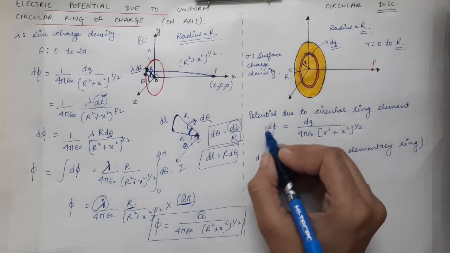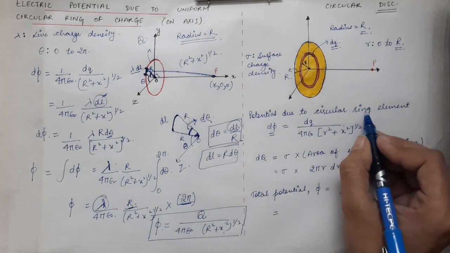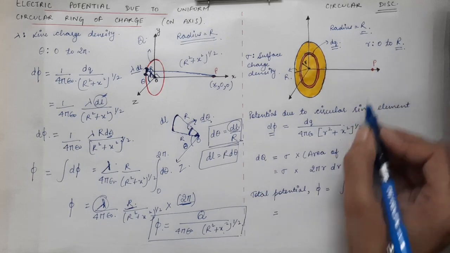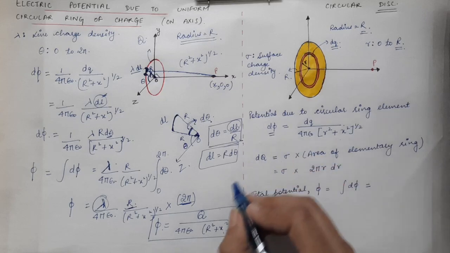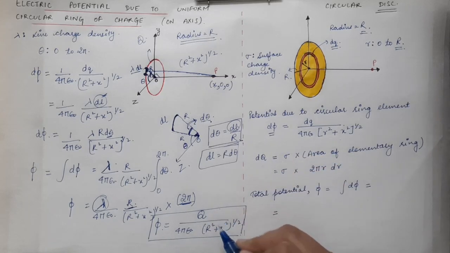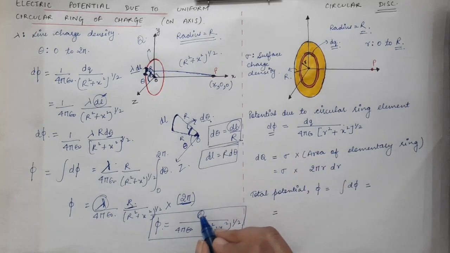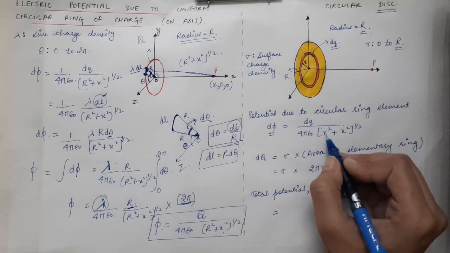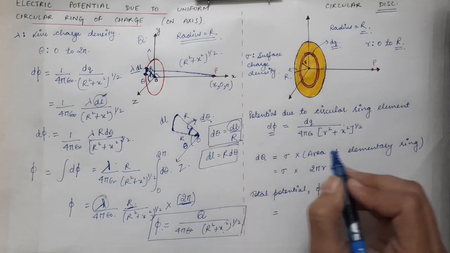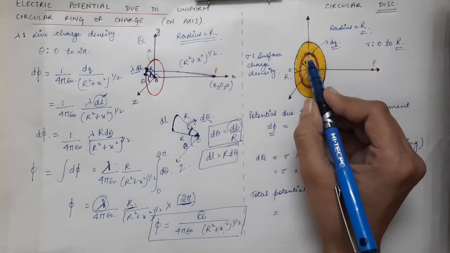This is the form of the potential due to the circular ring element at point P, written by comparing with the previous article. The formula remains the same, but instead of capital Q we write dq, and instead of capital R we write small r. So this is the potential due to this circular ring element.